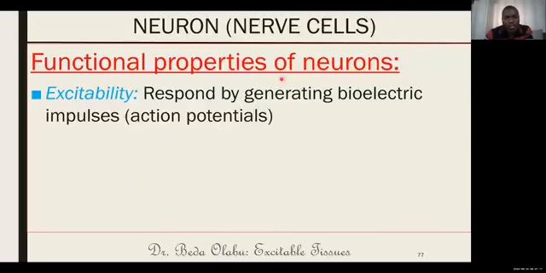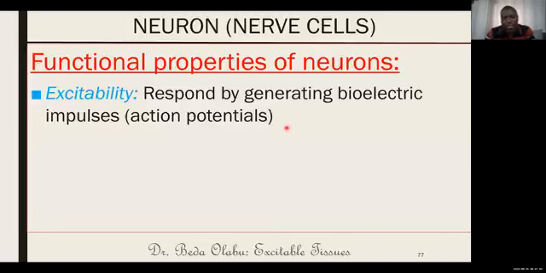It means that they can respond to stimuli by generating bioelectric impulses. And these bioelectric impulses are the ones you're calling action potentials. So excitability is a property of neurons.